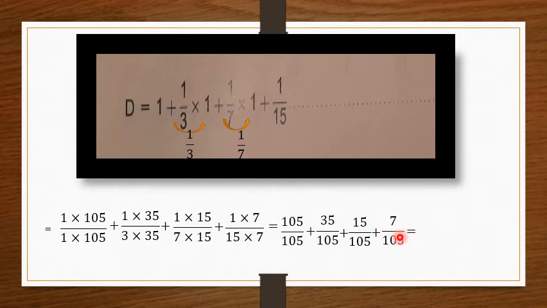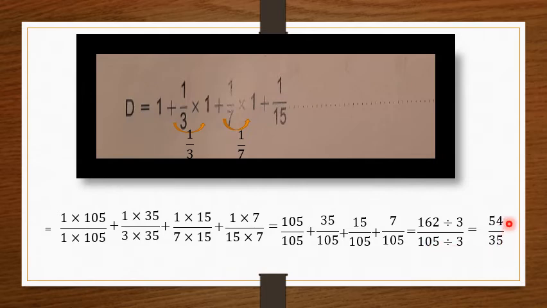Now we have the same denominator, so simply I have to add the numerators. 162 divided by 105. Since the sum of the digits is a multiple of 3, I can divide them by 3. 162 divided by 3 is 54, and 105 divided by 3 is 35.